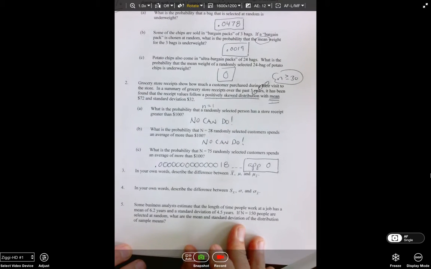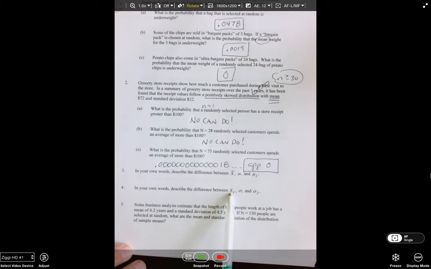All right, number 3, in your own words, describe the difference between x bar, mu, and mu sub x bar. Guys, this is the sample mean. This is the population mean. And this is the mean of the distribution of sample means. Sample mean, population mean, the mean of the distribution of sample means.